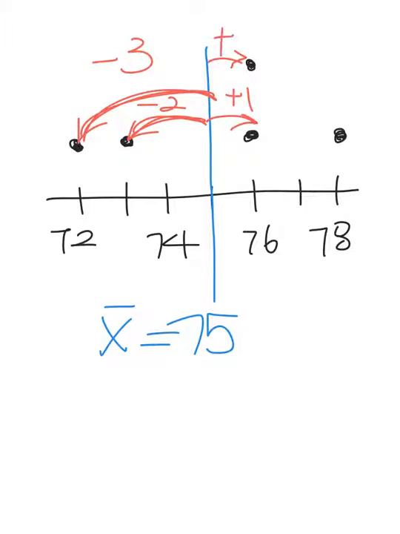And we had another positive 1. And the last one, to the tallest one, 78, the distance was positive 3. In step number 2, we took the distance, the difference.